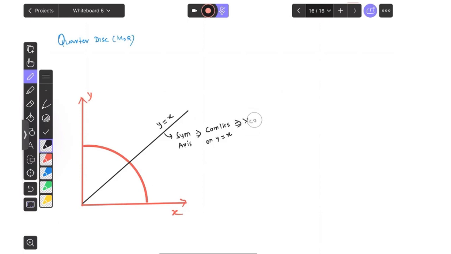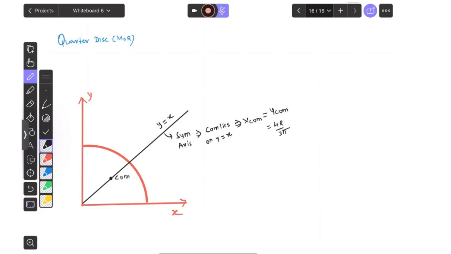So the same goes for the center of the mass as well here, xcm and ycm both will be equal to 4r by 3 pi. So the center of the mass has the same x coordinate and y coordinate.